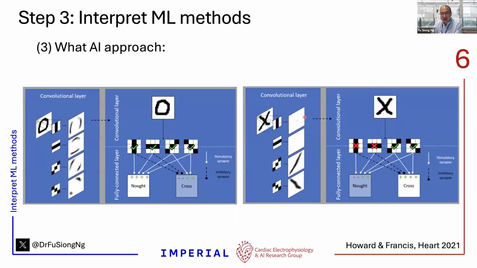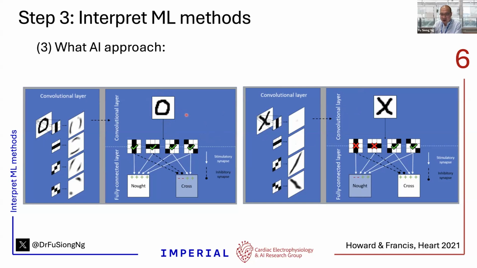So if you want to train a model, a CNN, to distinguish a circle from a cross, you use a supervised approach. You basically show the model 100 crosses and you say, these are crosses. And you show the model 100 circles and you say, these are circles. And that's all you ever need to do to train the model. The model will then do its own thing. It will break down the image into different parts of the circle and the cross.